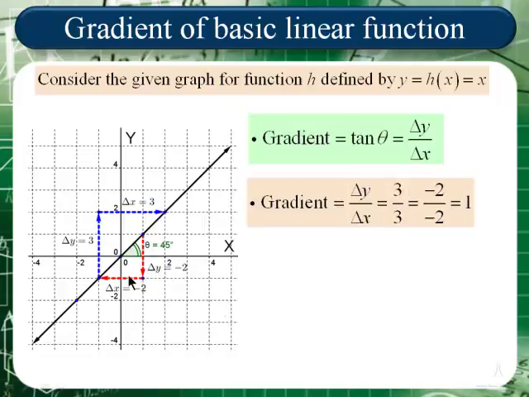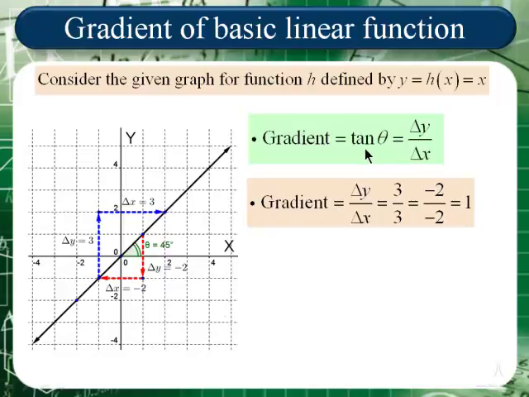or if we consider the case where I've indicated the vectors in red, we pick again 2 points and we move 2 units down, so delta y is -2, and then we move 2 units horizontally to the left, so delta x is then -2. So the gradient is also delta y -2 over delta x -2, also 1.